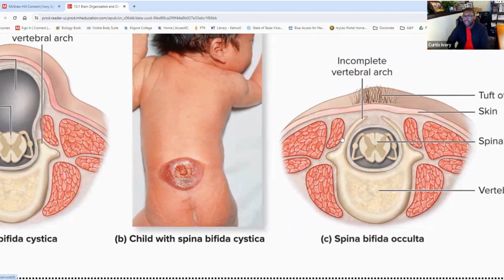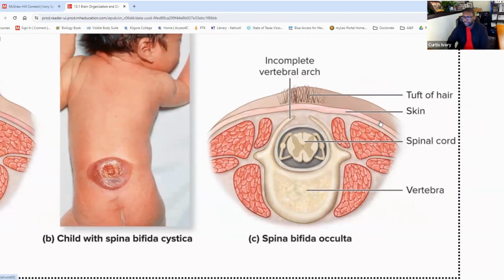So with this one here, you can see that we have a little bit more protection, but not enough. This one has a higher survival rate because it does have some protection around the spinal cord, but not really enough.